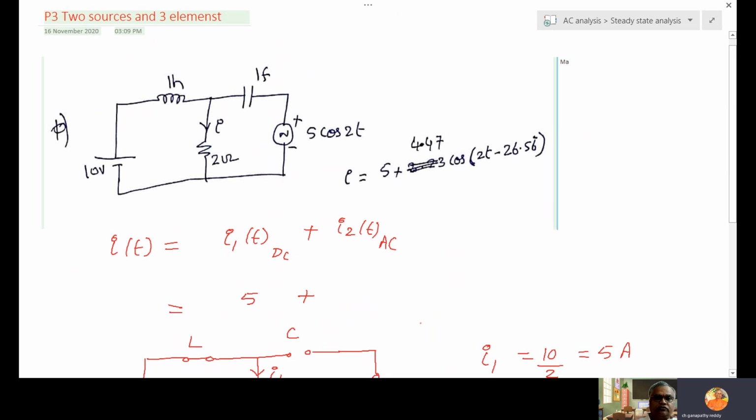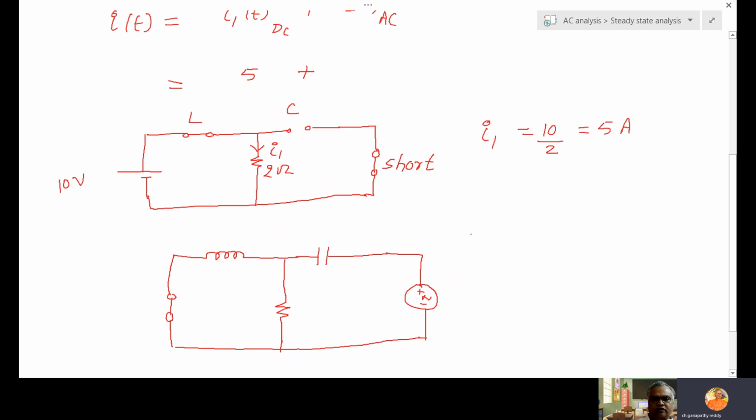So what is the voltage source? 5 cos 2t. Change this 5 cos 2t into phasor form. So 5 by root 2 angle of 0. No need to change cos into sine. Only one source, which is already in cos form. Let it be in cos reference only. We take it as 0. We are not converting into sine.